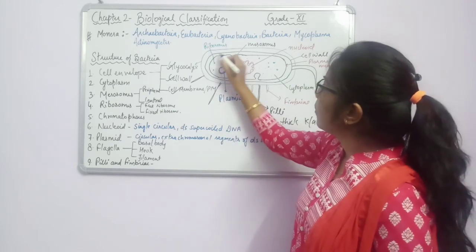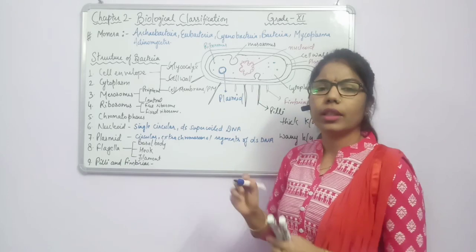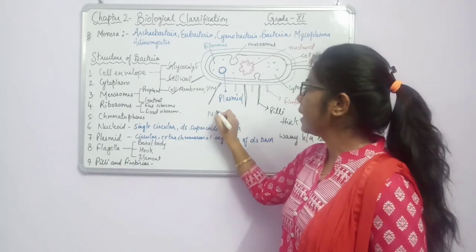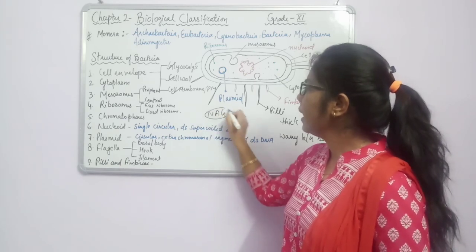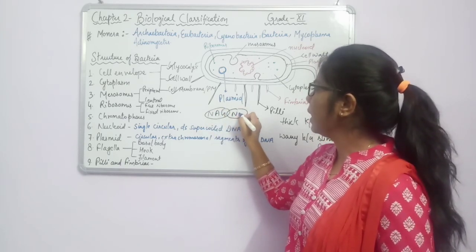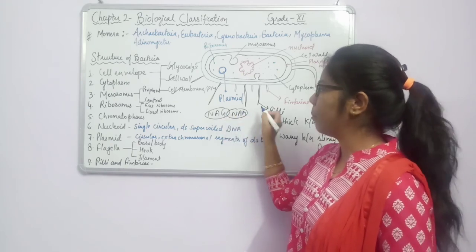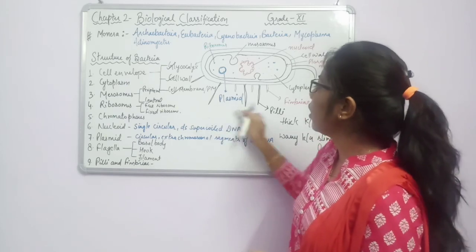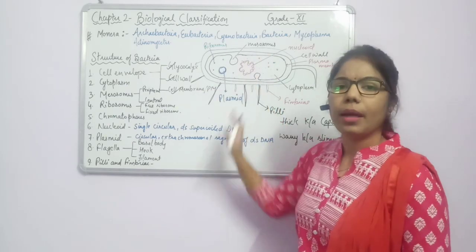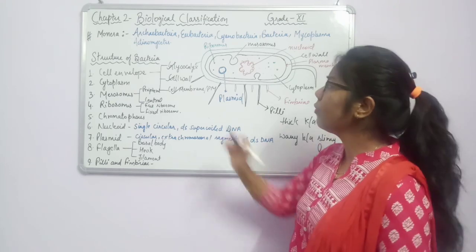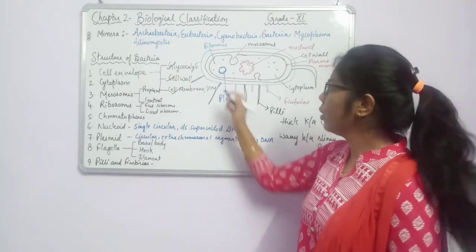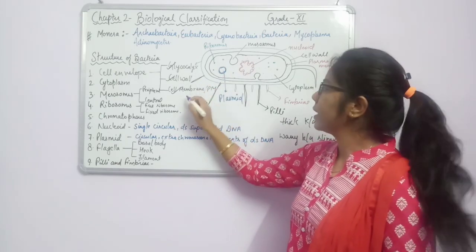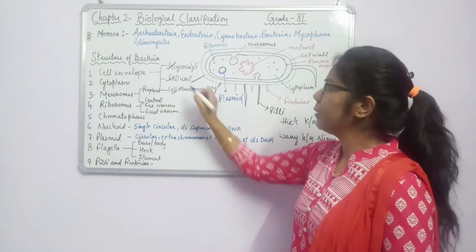If you see the cell wall of the bacterial cell, there is an interlinking or repeating unit of N-acetyl glucosamine, NAG, and another repeating unit, N-acetyl muramic acid, NAM, then again NAG, then NAM. These repeating units compose the cell wall of the bacterial cell. What is the function of the cell wall? It protects the inner membrane, or we can say the cell membrane. Fine, that much is there.